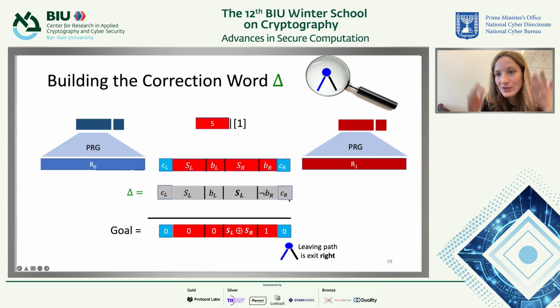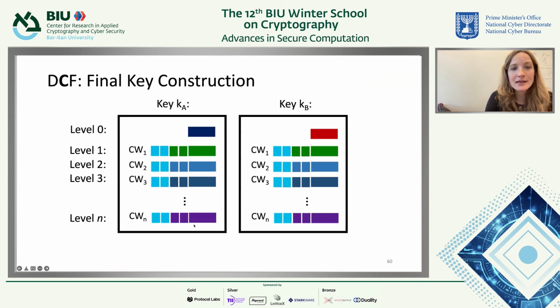I don't know what these bits are. It depends on exactly what the computations are. But for example, they're not necessarily the same as each other. The important point here is that at every single level, I'm only adding 2 extra bits for each of the keys. So instead of lambda plus 2n bits, I have lambda plus 4n bits. Compared to lambda, this doesn't really matter. This is still approximately lambda times n.